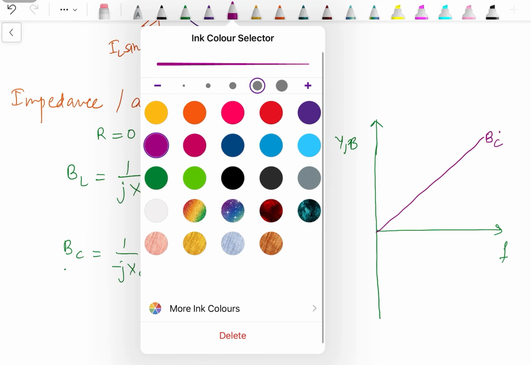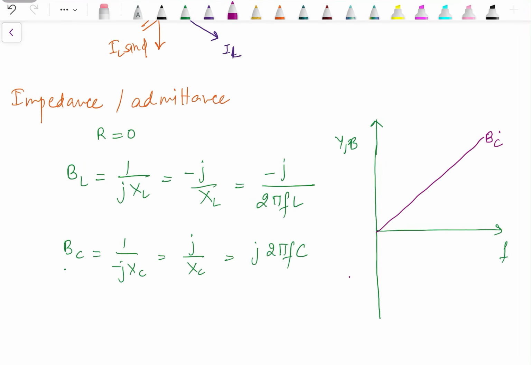BL is inversely proportional to frequency. There is a minus sign over here, it has opposite nature, so it is represented in the fourth quadrant, BL. And the resultant BL minus BC, or BC minus BL, is zero at the resonant frequency.